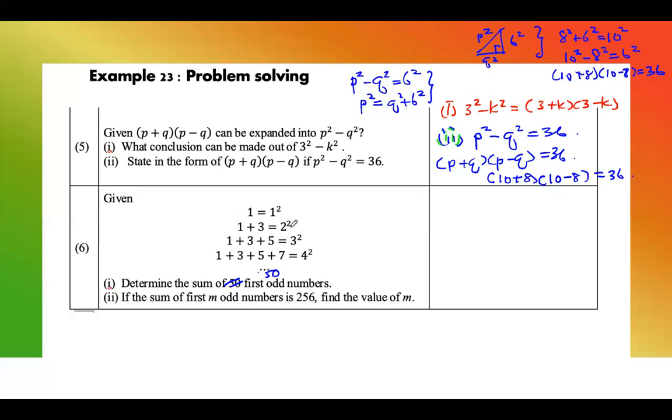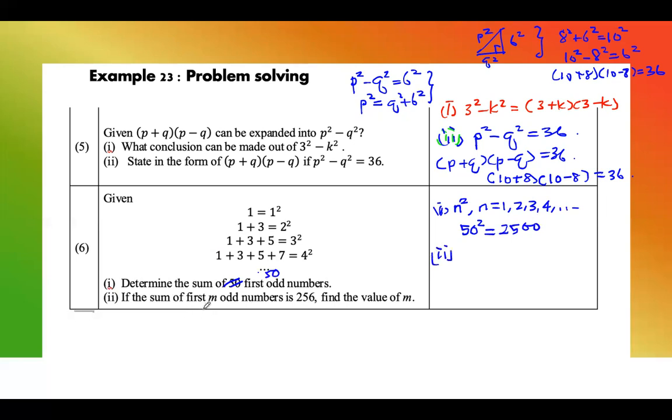If 2 odd numbers, you get 2 squared. So if you want the sum of the first 50 odd numbers, for n equals 1, you get n squared, for 2 you get 2 squared, so n equals 1, 2, 3, 4, and so on. So the first 50 odd numbers give 50 squared, which is 2,500.